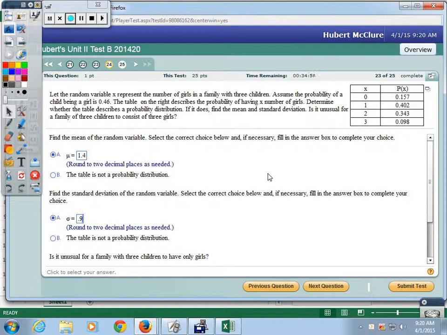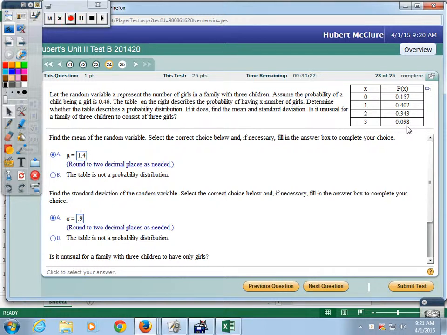Is it unusual for a family with 3 children to have only girls? Well, 3 girls, this is in terms of girls, right? Yeah. 3 girls is how many cents? 0.098. What is that? 10 cents, Hubert. That's right, class. 10 cents. Then 5 cents, greater.